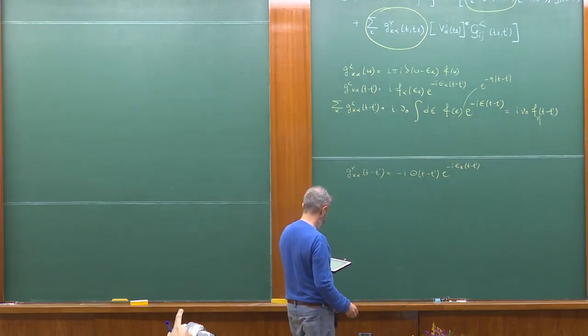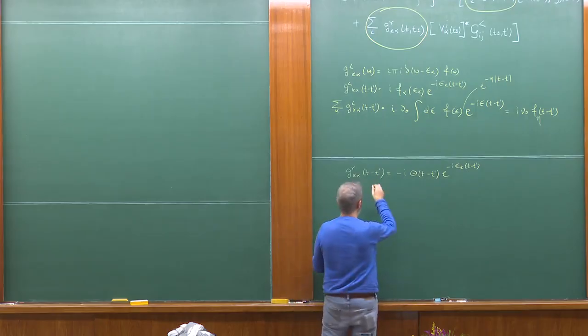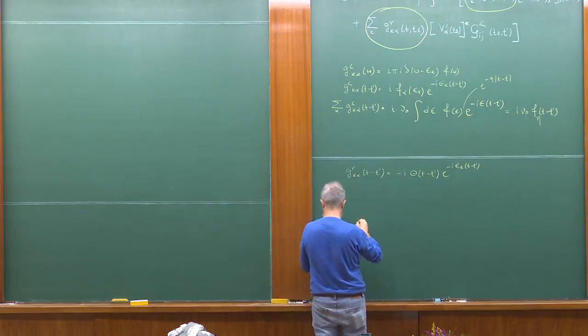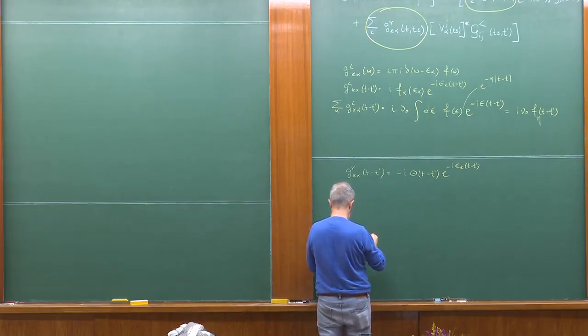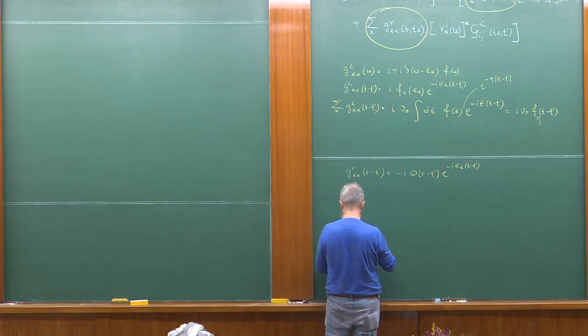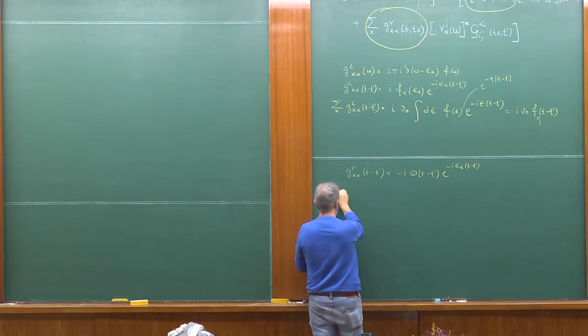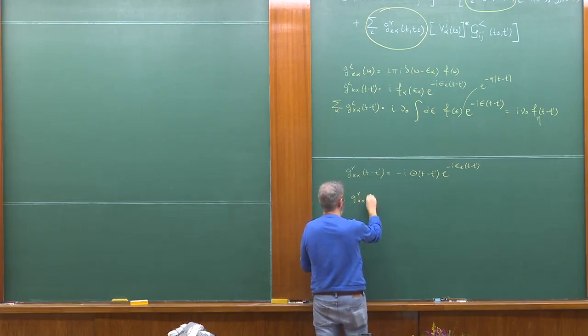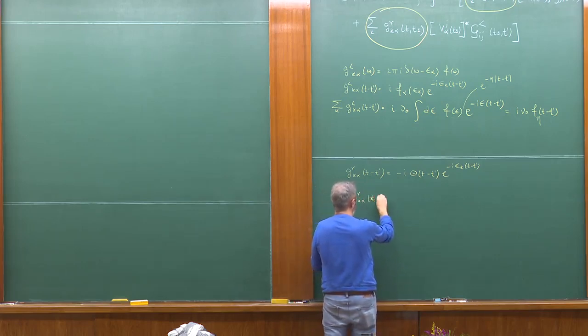Okay, so now I have to compute the sum over k of g retarded k alpha t minus t prime.